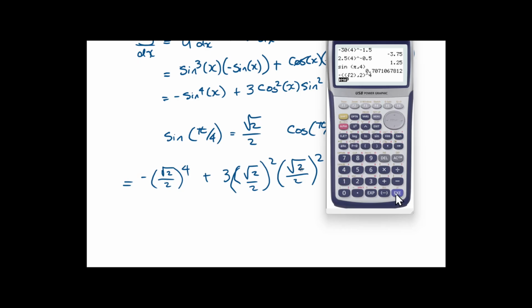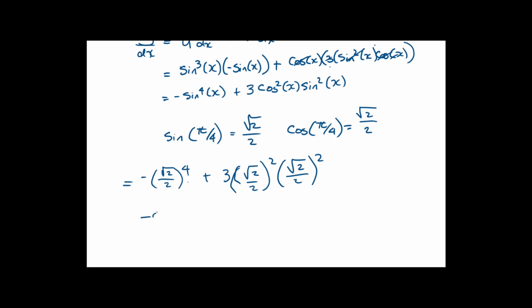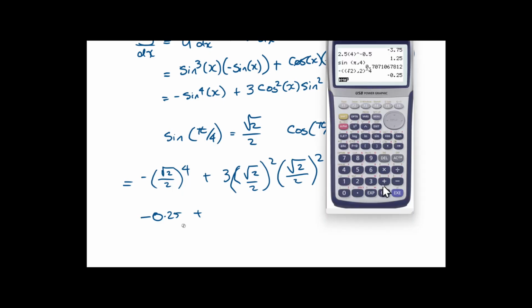So power of 4, negative 0.25 plus, yeah, square root of those brackets, square that, 0.5, and we're going to double it because there's 2 of them.